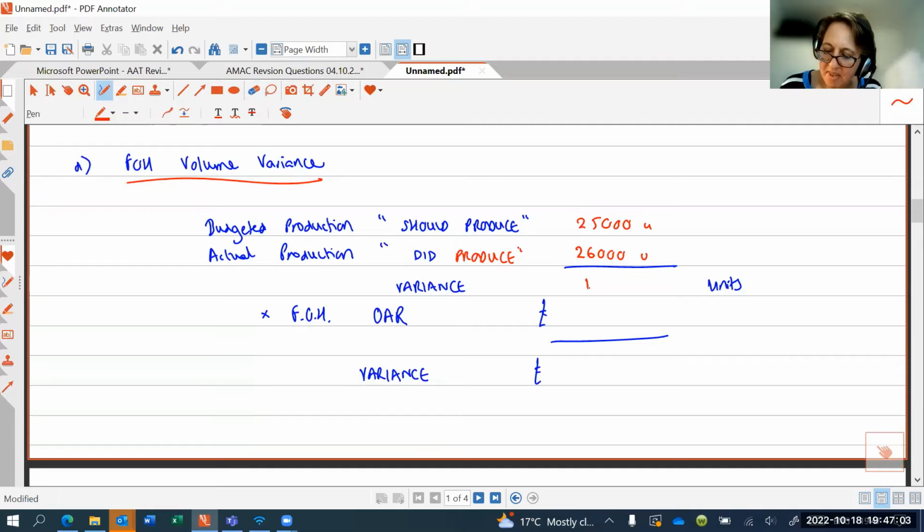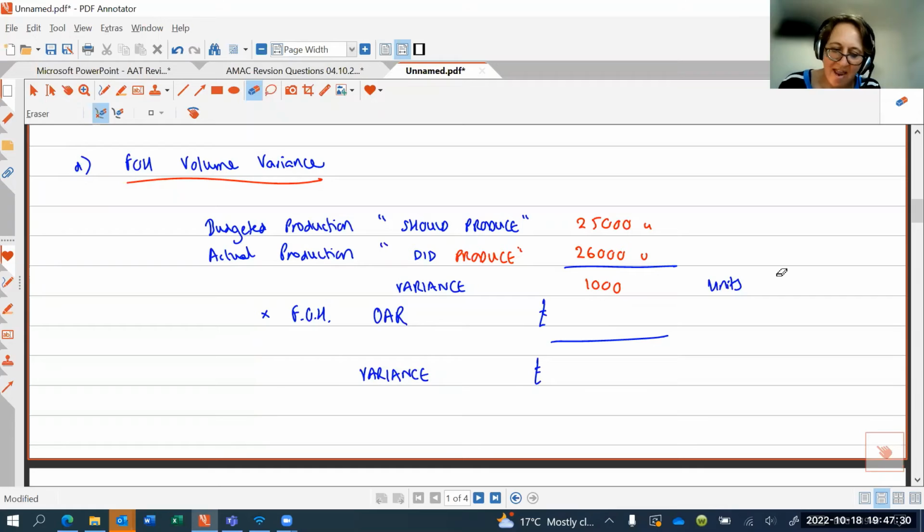So I did 1,000 units more than I thought was possible. And you need to look at that and think, does that mean things turned out better than expected? Or would you say that means things turned out worse than expected? Well, if I can produce more units than I planned, that's great. I've got more inventory, or more goods available for customers. This is a good thing. I've produced more than I thought was possible.